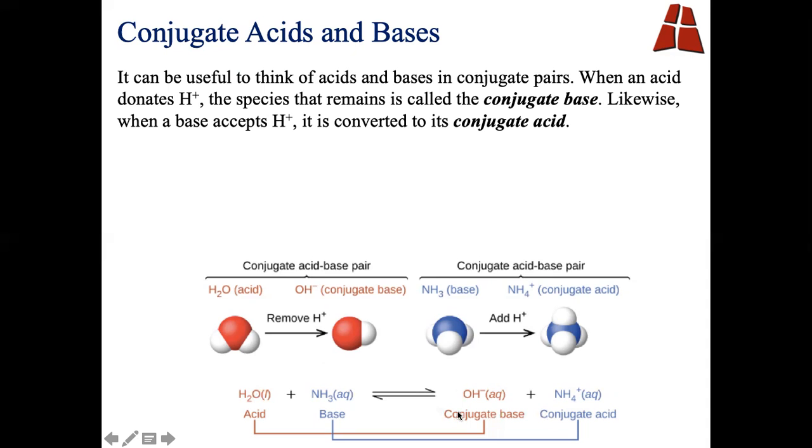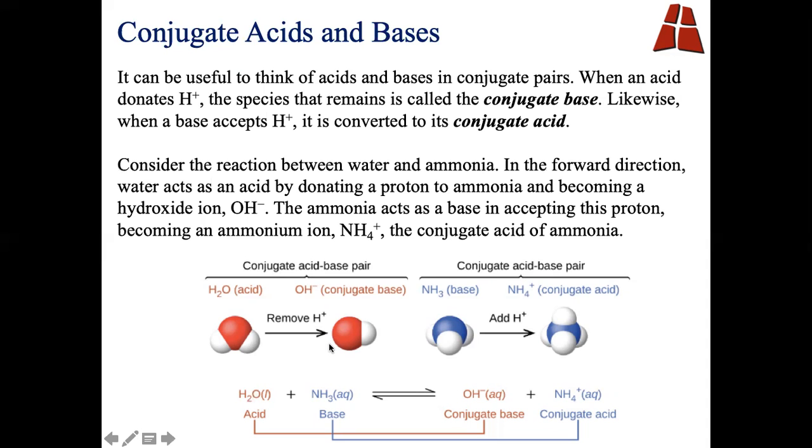For example, here we have water reacting with ammonia, and water, as we said, is going to be the acid on the reactant side. That means if it's an acid on the reactant side, it will be a conjugate base on our product side. And then our conjugate acid on the product side will, of course, be our base on the reactant side.